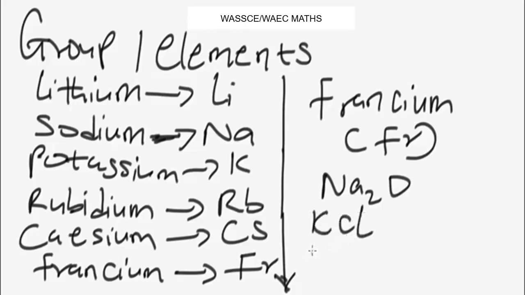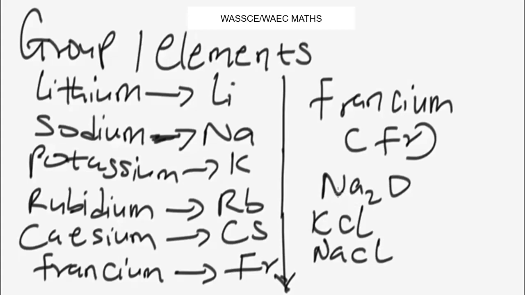When sodium reacts with chlorine, you have sodium chloride. These are ionic or electrovalent compounds. There will be more about ionic compounds in a separate video, so just know this basic information about it.